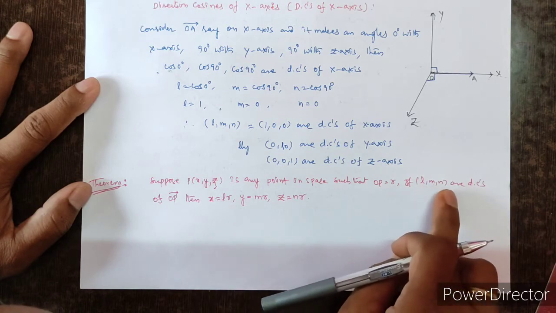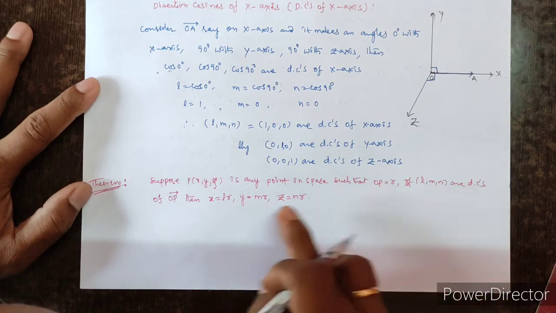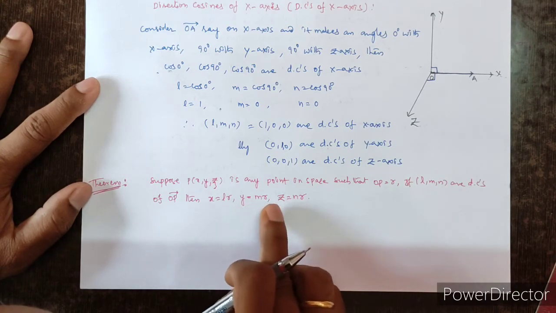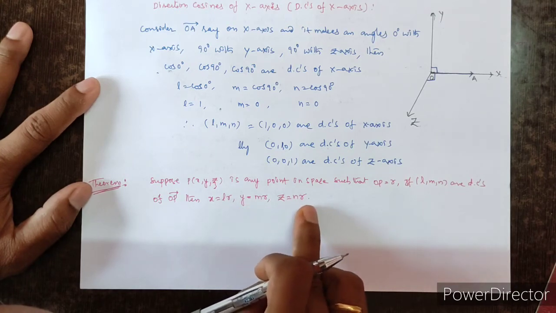If L, m, n are the direction cosines of OP, then x equals Lr, y equals mr, and z equals nr.